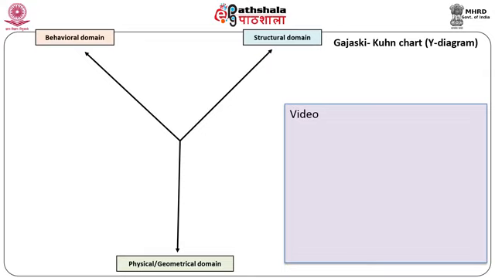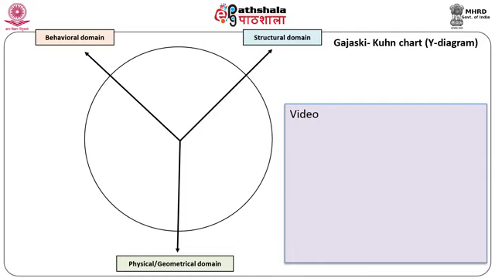The three domains are shown by the three axes producing the Y chart, namely behavioral domain, structural domain, and physical or geometrical domain.